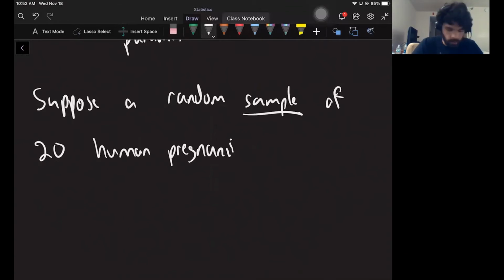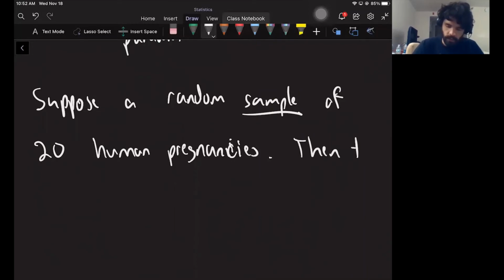Suppose I take a random sample of 20 human pregnancies. So I'm going to find a statistic that would be the sample mean of these 20 human pregnancies.